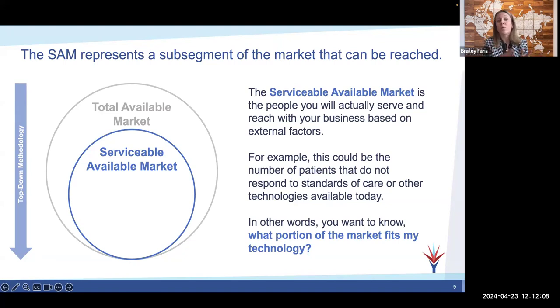For example, to keep with the previous example, if you're developing a new therapeutic, you could consider the SAM as the number of patients within an indication that don't respond to current standards of care or therapeutics today, because these patients are probably a bit more willing to try this new technology when it reaches the market.